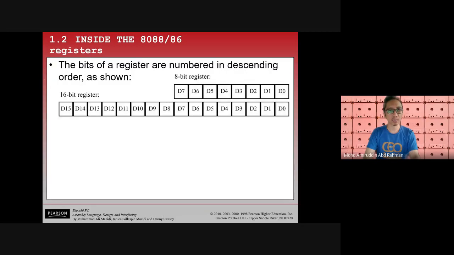This is an example of an 8-bit and 16-bit register. As you can see, this is the 8-bit part. Either we use this part, or we use both. That's how it can become either 8 or 16-bit.